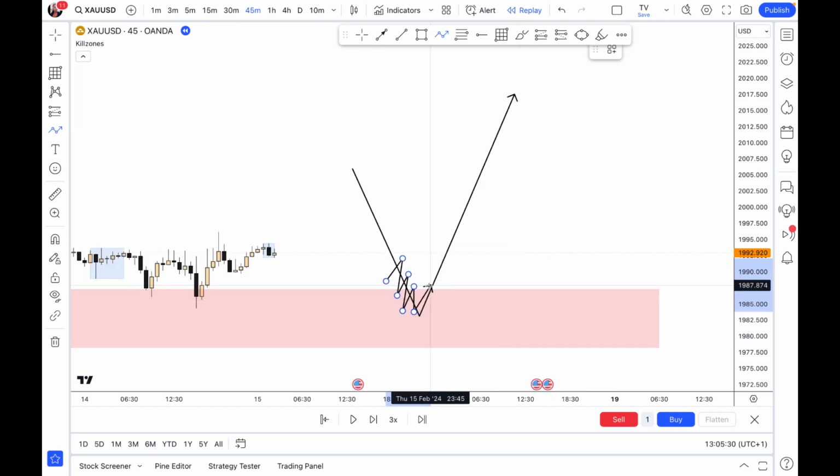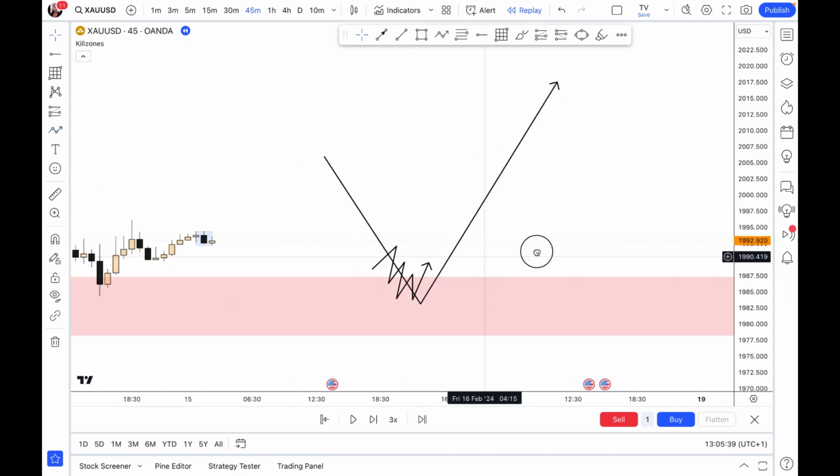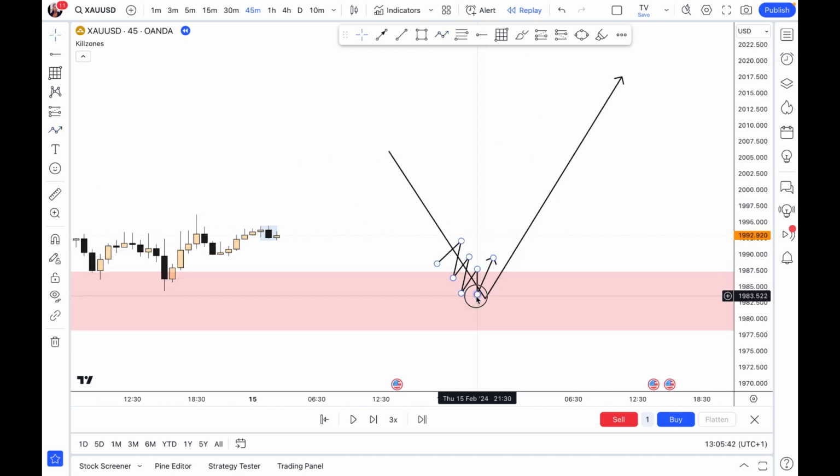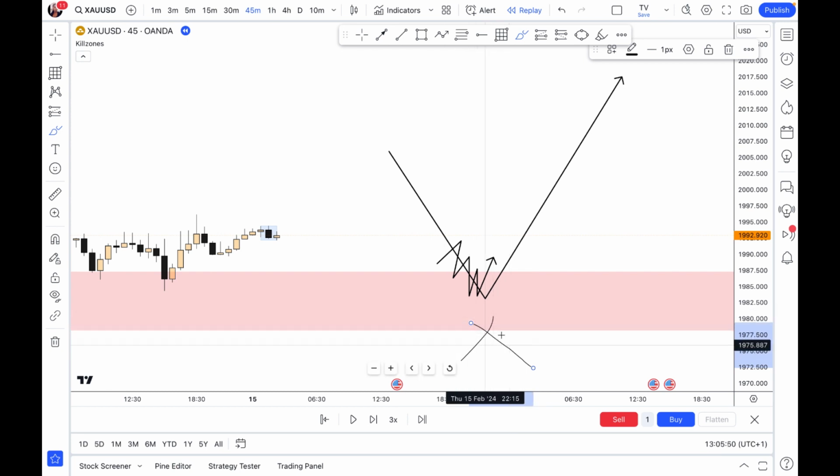Then to take a trade, you wait for the last lower high that pushed into the zone to be taken out. That gives you the confirmation that market is going to pull back up, that market is not going to go beyond this demand level that you've marked.